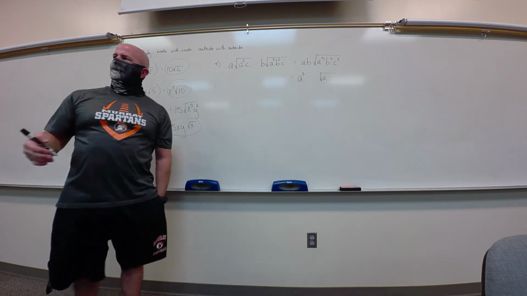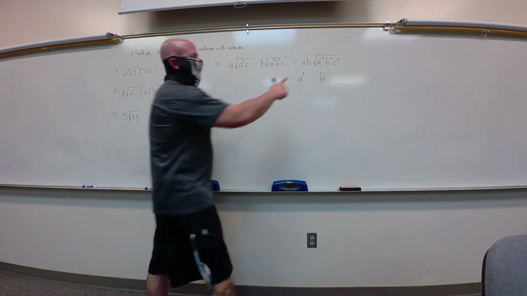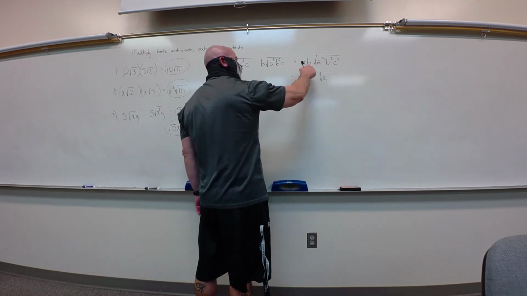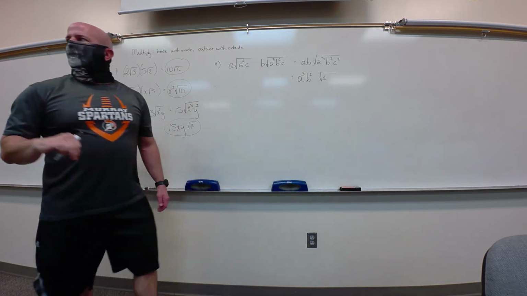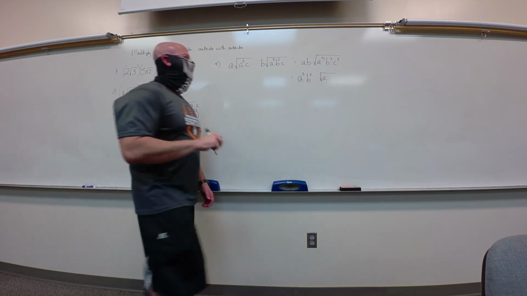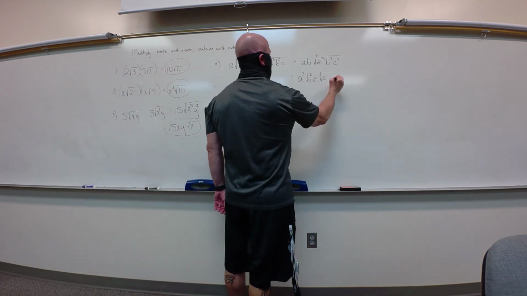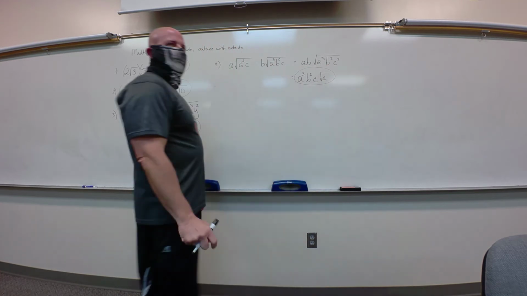Now I go to the b's. 2 goes into 2 once. 1's coming out with the b that's already there, so that's going to make a b squared outside. No b's left. And then c, 1 c coming out, no c inside. Here's my final.